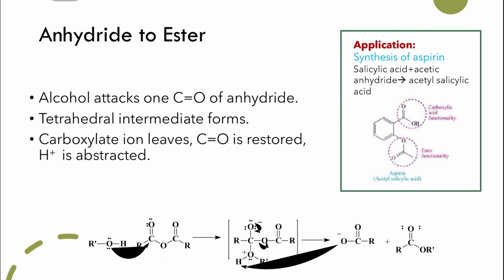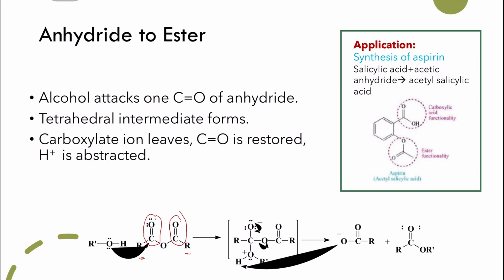The alcohol will attack. If you have two different R groups, you can end up with two different products, because the alcohol can attack either of the two carbonyl groups. So we are now going to assume that both R groups are the same.